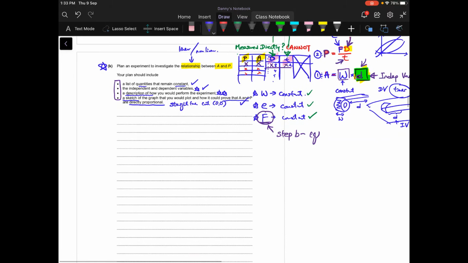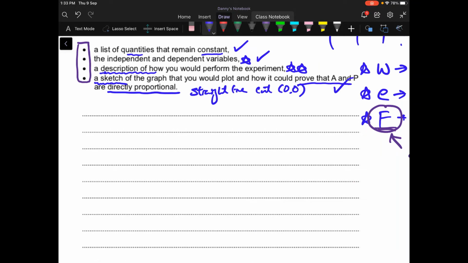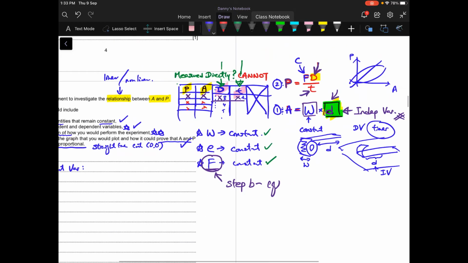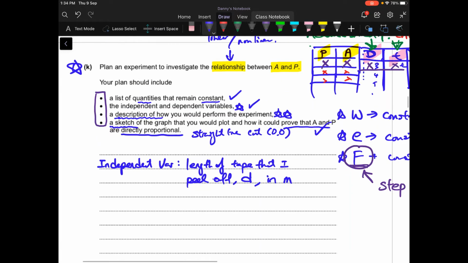Okay, so now I can start writing the proper presentation. First I write down what is my independent variable. I decided to use the D, so I will just write down that it is the length of tape that I peel off, D. But in this case, I have to calculate it in terms of meters because I have to calculate power.